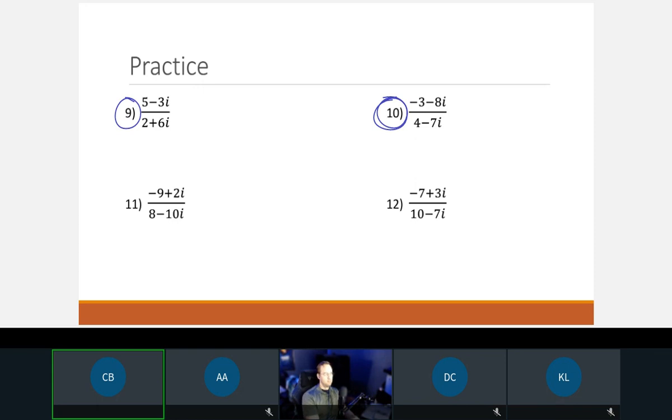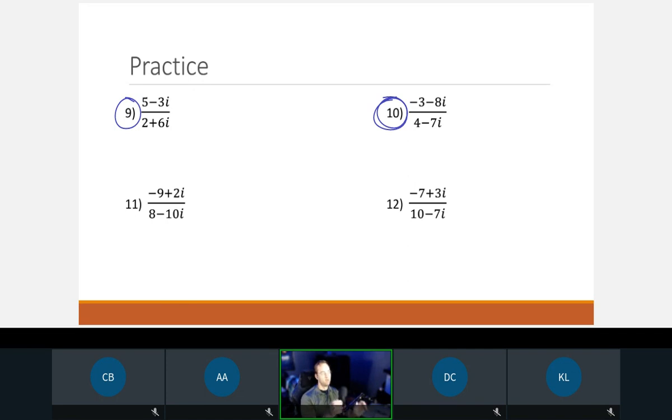Does it have to be broken into 2 fractions? Yes, because that's how your quiz and test want it. Whether it's multiple choice or fill in the blank, they do want you to have 2 distinct terms. Like what Emily said, the whole a plus bi.